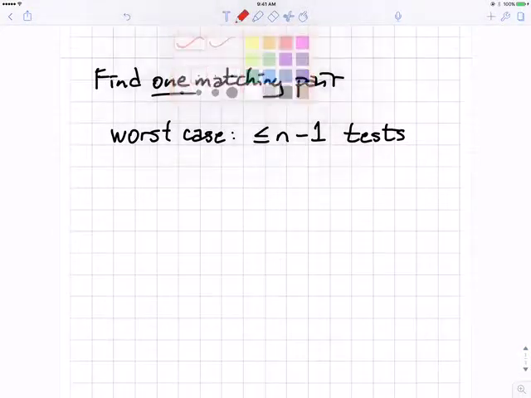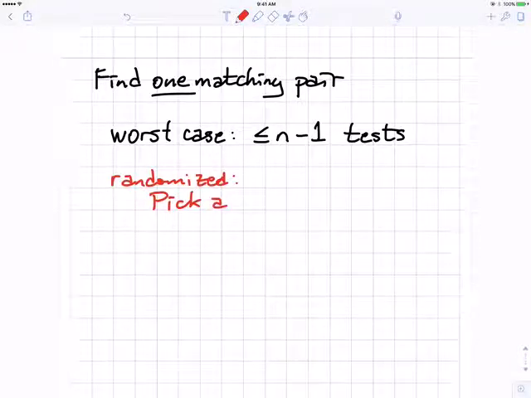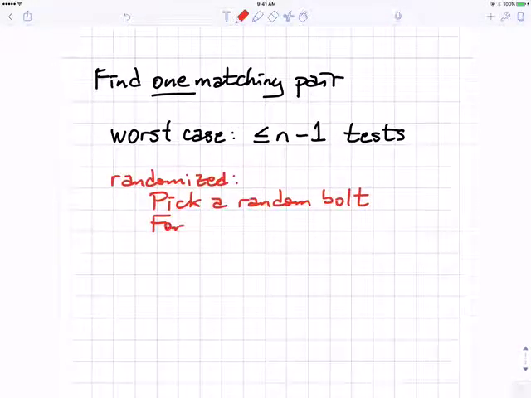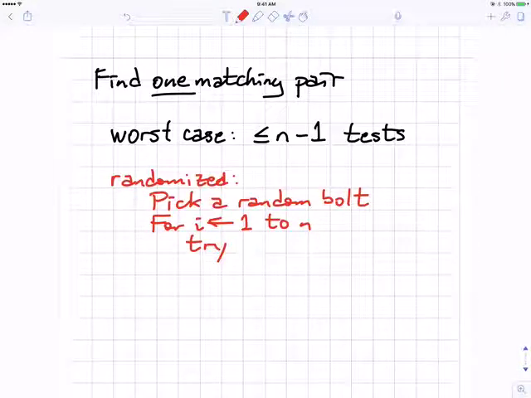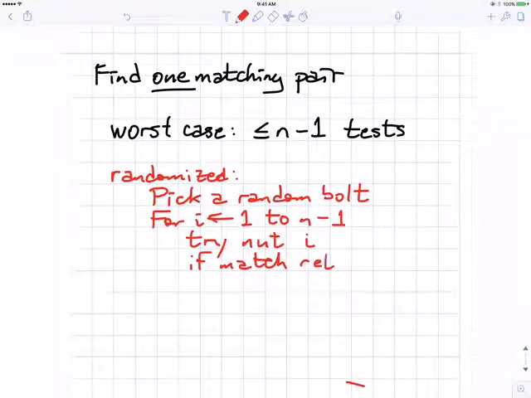Let me try doing this randomly, so randomized. So the randomized algorithm is: pick a random bolt, and then for i goes from 1 to n, try; if match, return i, and at the end return n.